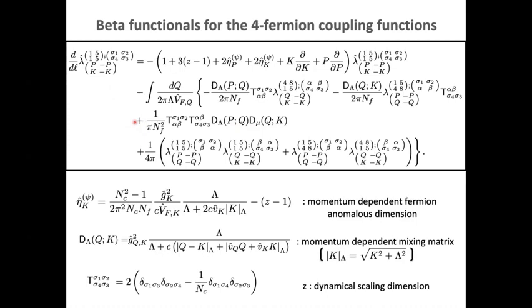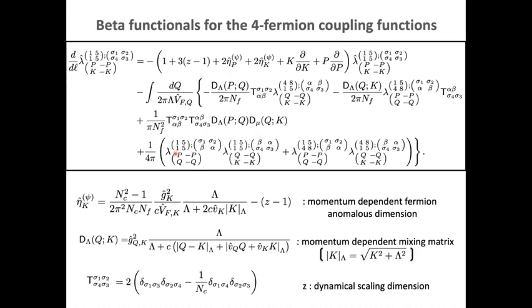This collective mode provides attractive interaction for the electron, but at the same time, it makes electron incoherent. Okay, so one of the interesting questions that I wanted to understand is the competition between this incoherence effect and this glue pairing effect.